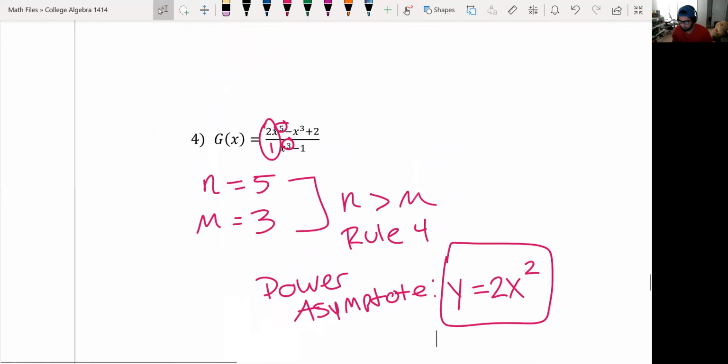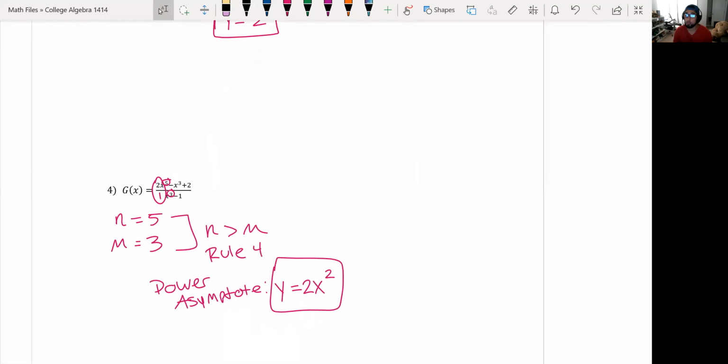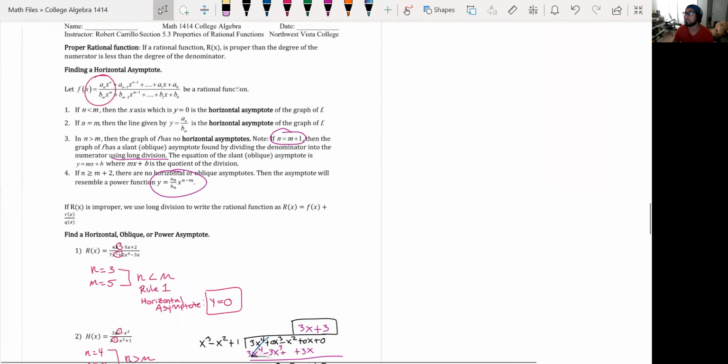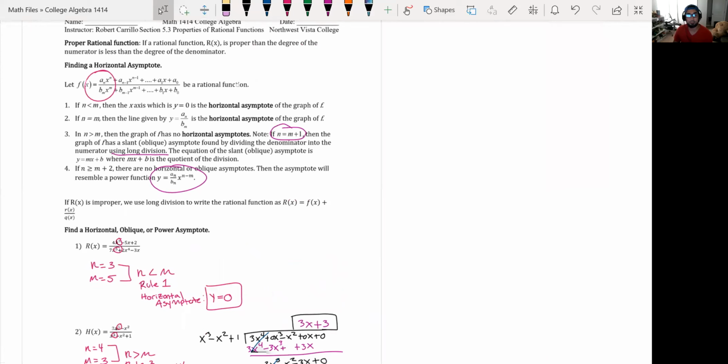Painless. Rules 1, 2, and 4, beautiful and easy. Rule 3, long division, hate it. But hey, we know how to do it, so the struggle. Okay, so those are your 4 rules for horizontal asymptotes. Ugh. More rules, right? So easy to remember, though.